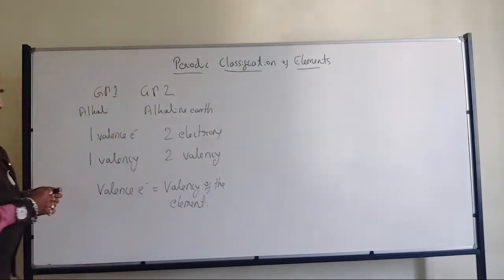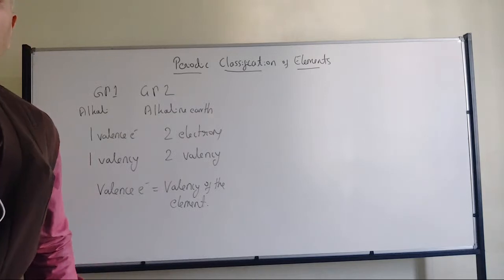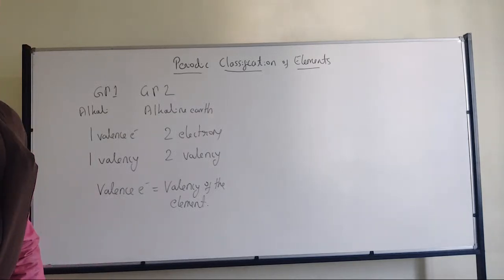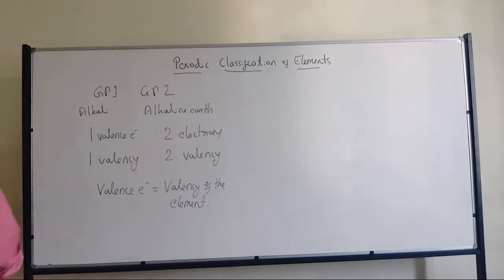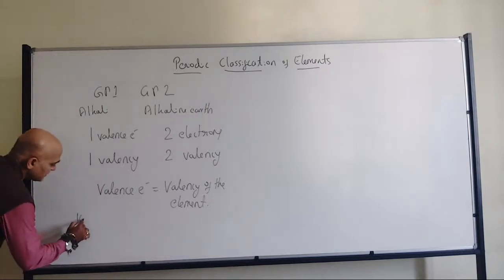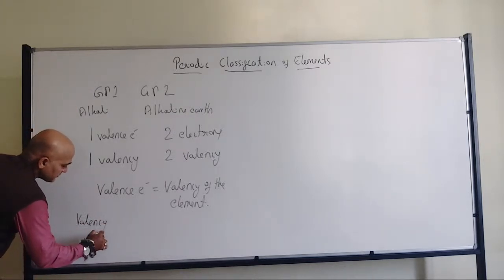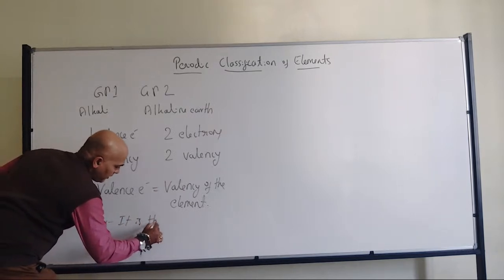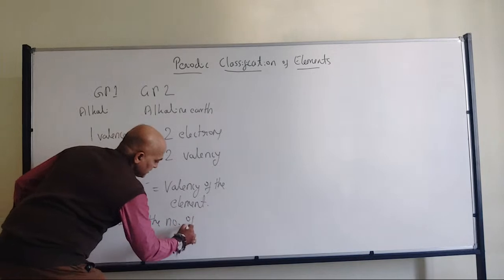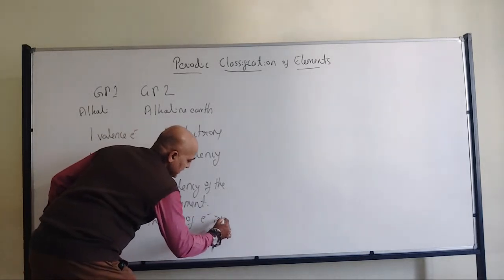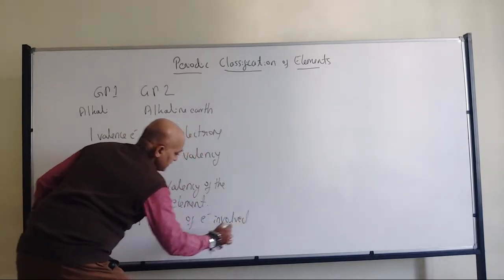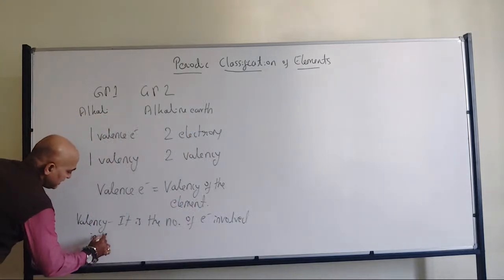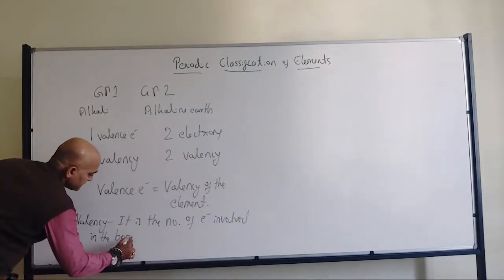Okay? So what do you mean by valency? Valency is the number of electrons involved in the bond formation.